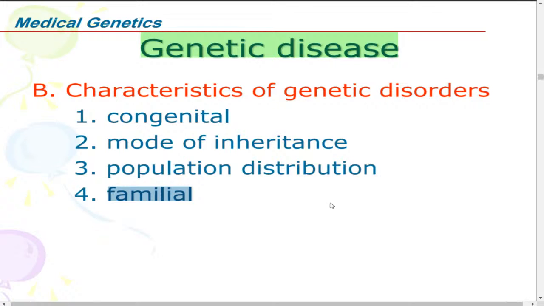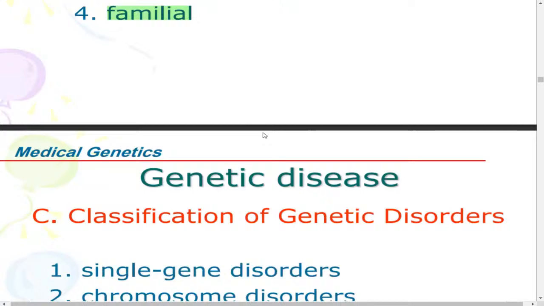I don't get what is familial, but it's probably a family thing. Congenital is from the newborn, and of course the mode of inheritance, population, and distribution are easier to understand.